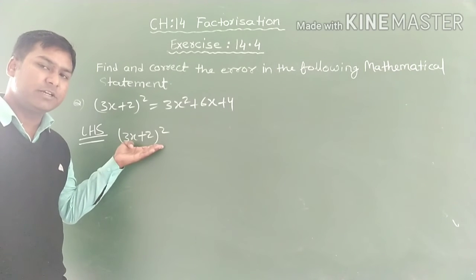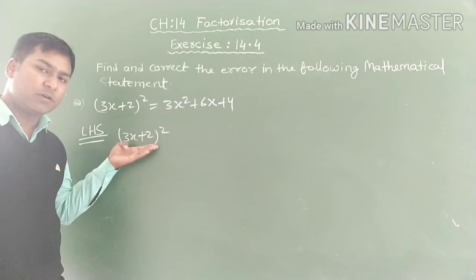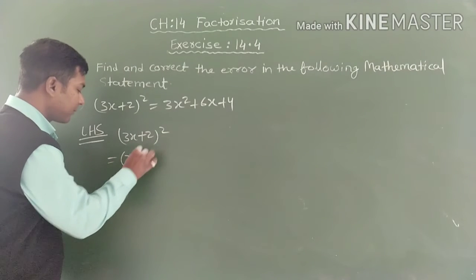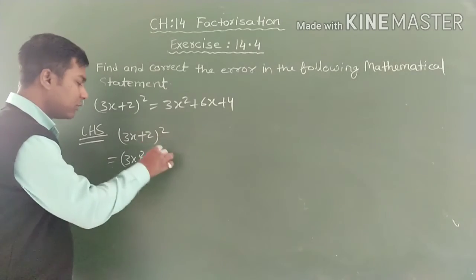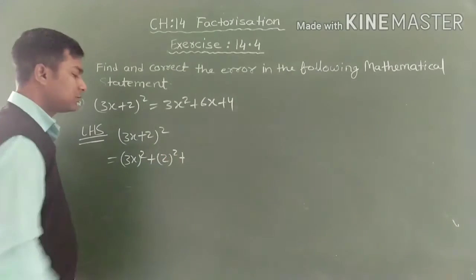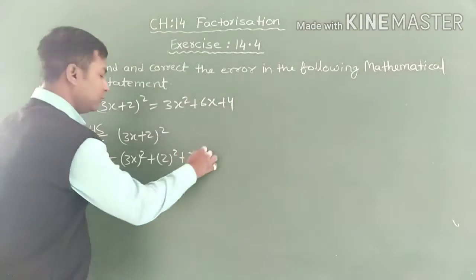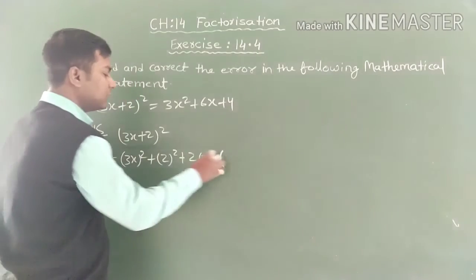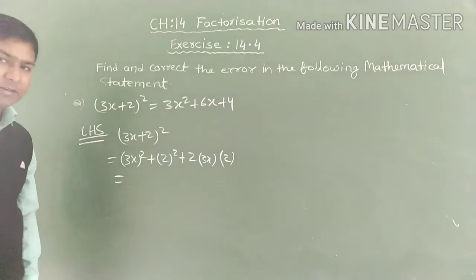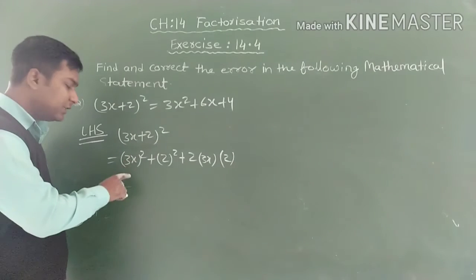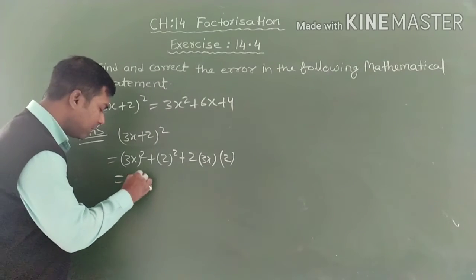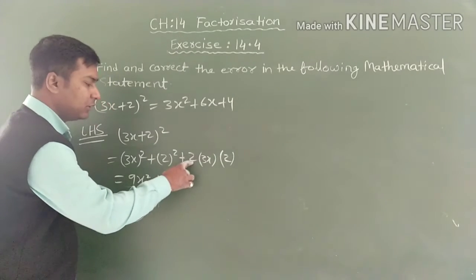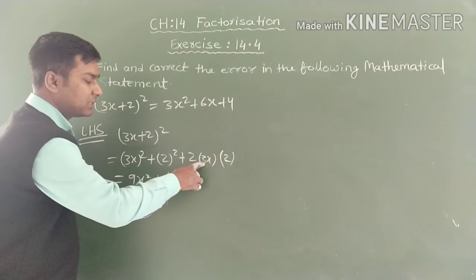We have already studied this formula. So apply this formula here. A square, so 3x whole square, plus b square, that is 2 square, plus 2ab. So 9x square plus 2 square, that is 4, plus 2 into 3 into 2. 2 3s are 6, 6 2s are 12.